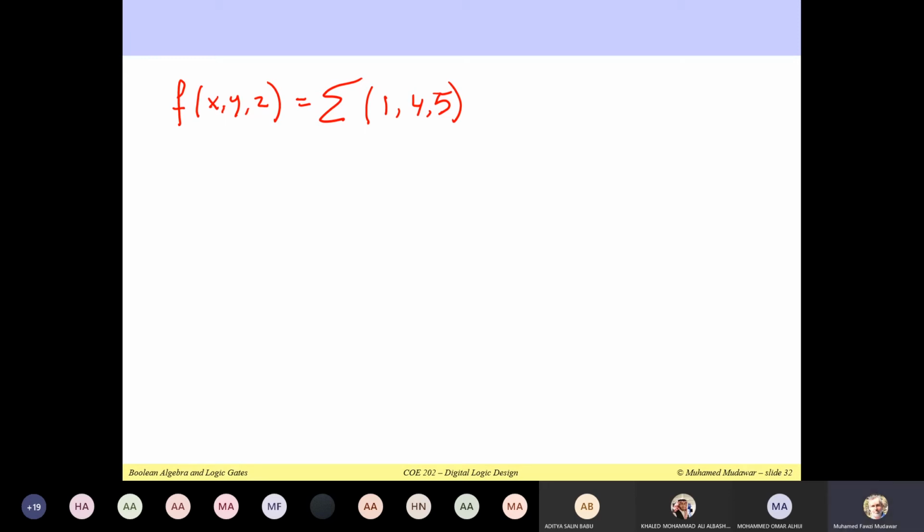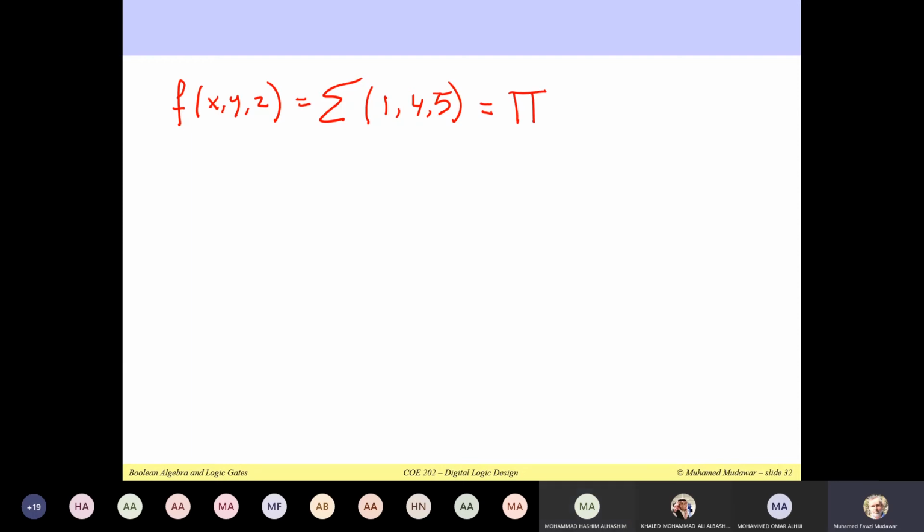What are the max terms of the function? The rest: 0, 2, 3, 6, and 7. So we have to go all the way to 7. Don't forget to write the pi notation.